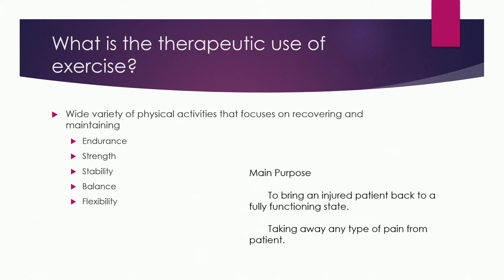Agility training, body mechanics training, breathing exercises, coordination exercises. These coordination exercises are going to help our patients in the area of stability. Developmental activities can also be trained through these exercises. Muscle lengthening, movement pattern training, neuromotor development activities training. There are plenty of exercises and areas that could be improved after a patient is injured.